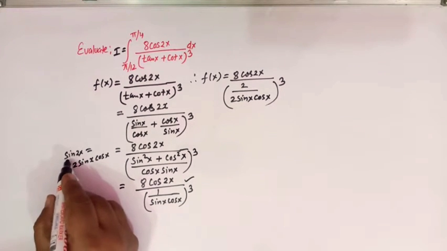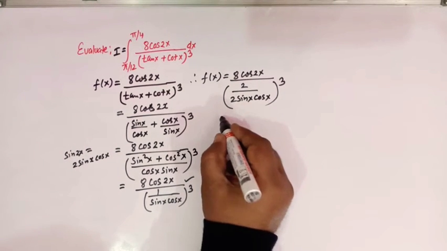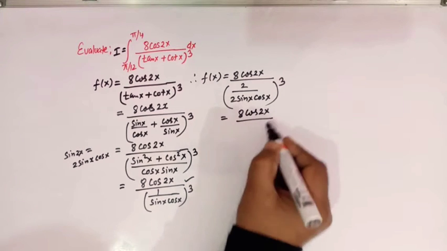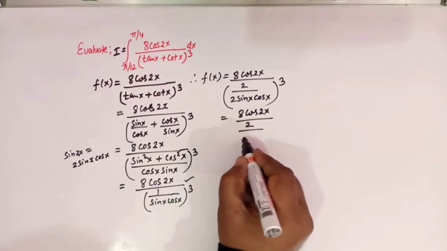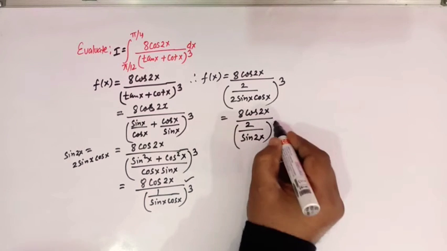Since sin 2x is equal to 2 sin x cos x, we can write 8 cos 2x divided by (2 over sin 2x) whole cube.